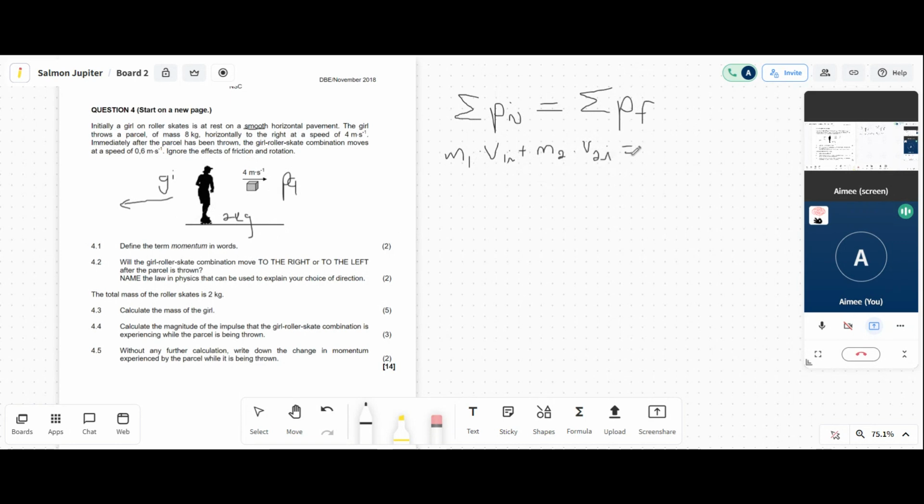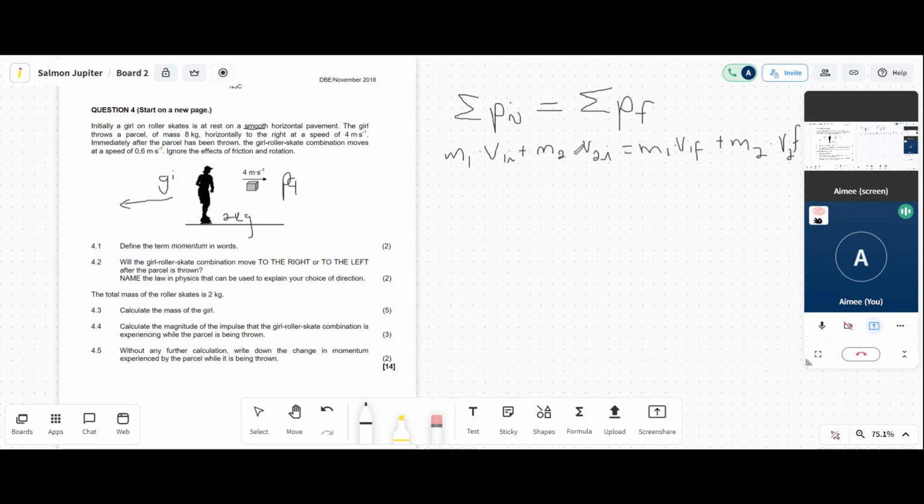And that's equal to mass 1 times V1 final plus mass 2 times V2 final. Okay? So you need to decide whether the girl is going to be 1 or the parcel is going to be 1, because this number is basically labeling object 1 and object 2.